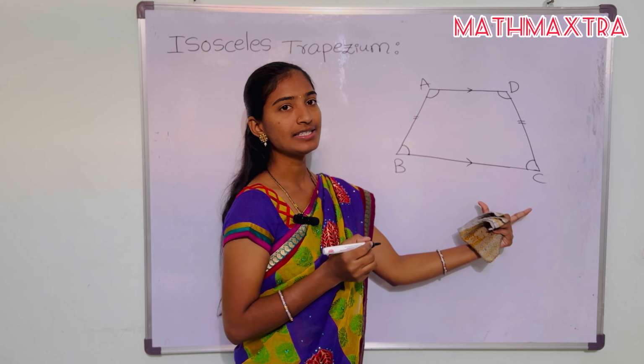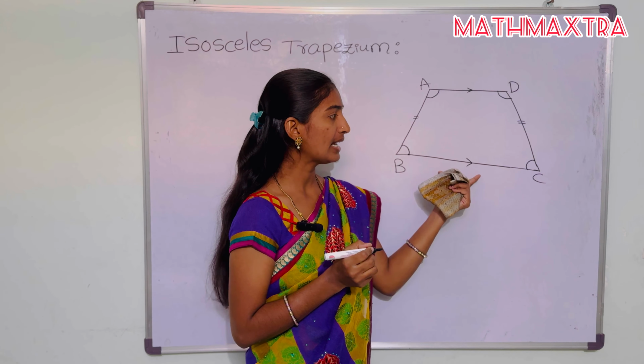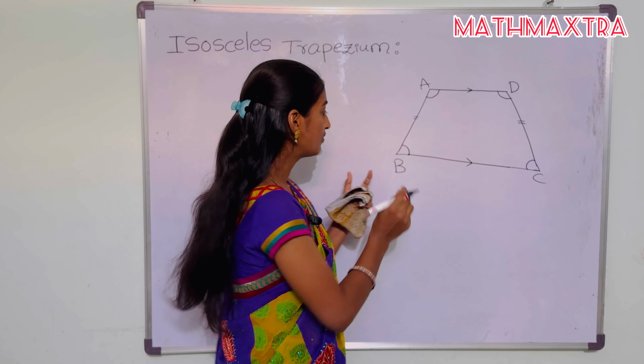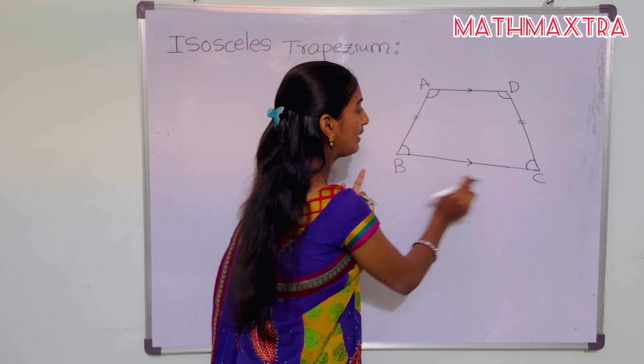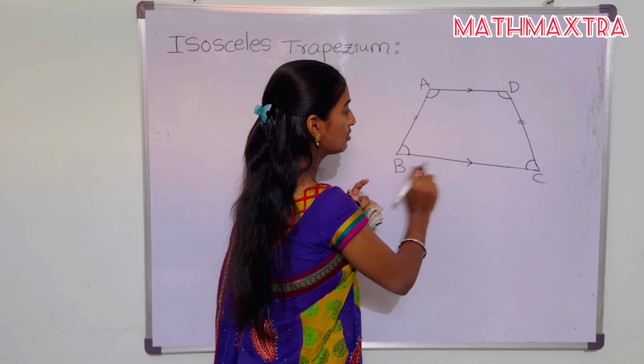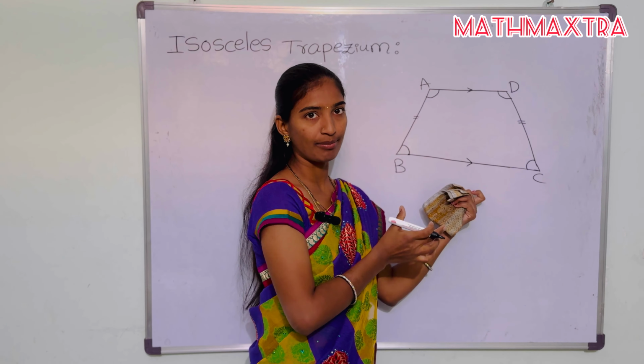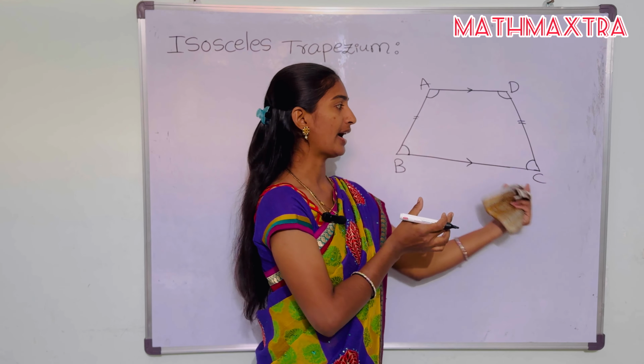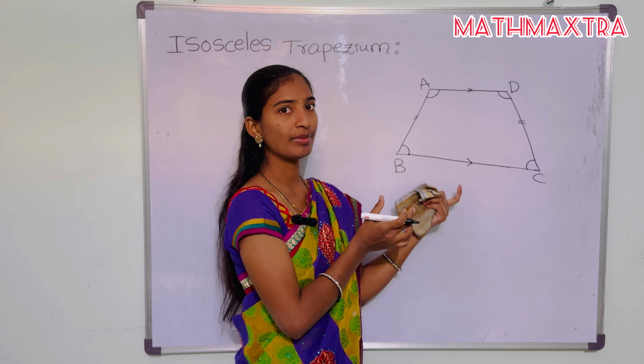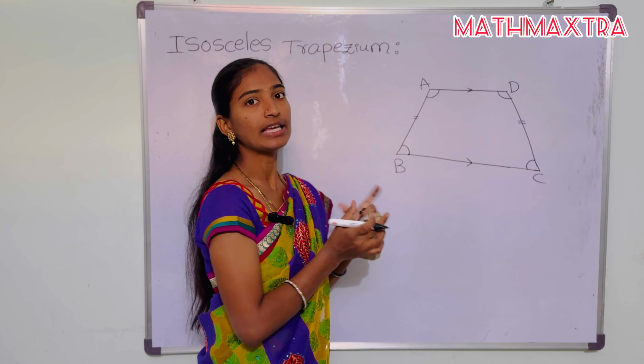The angles which have the parallel side as a common arm are always equal.